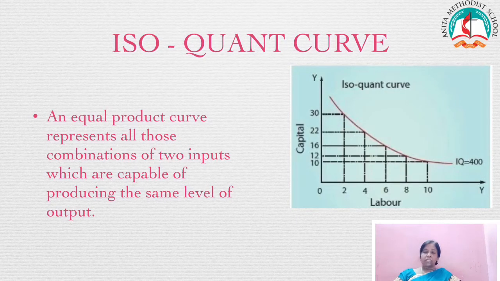This is known as the isoquant curve. In other words, an equal product curve represents all those combinations of two inputs which are capable of producing the same level of output. Even though we use different levels of input, we are able to produce the same level of output, and that is known as the isoquant curve.